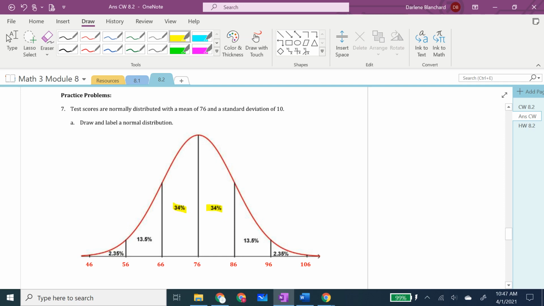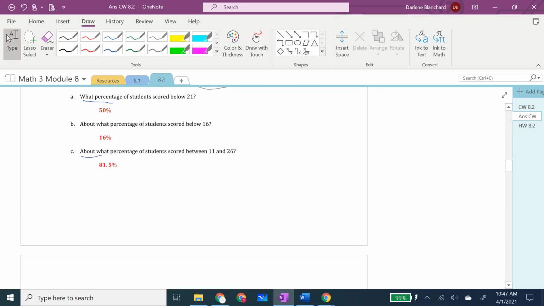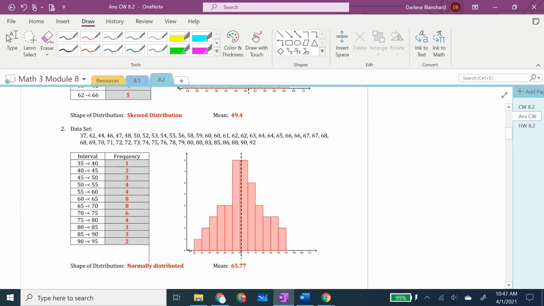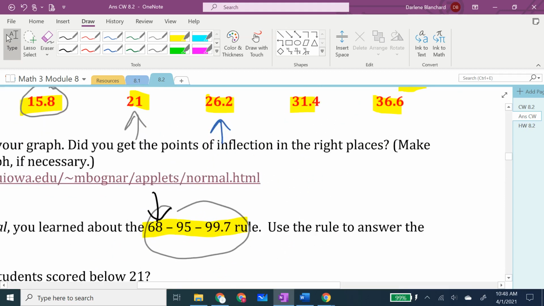68% are within one standard deviation. And I want to go back to that really special trio of numbers. 68% are within one standard deviation, 95% are within 2 standard deviations, and 99.7% are within 3 standard deviations.